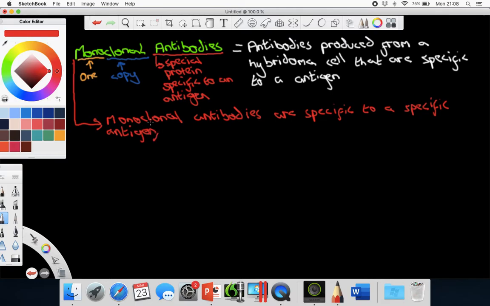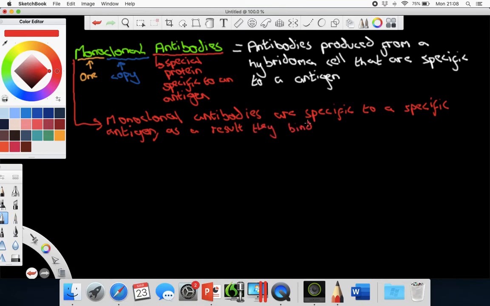What this means is that they only bind to a single type of cell. They don't tend to join to different types of cell. We can target cells to bind these monoclonal antibodies to. So we can put, as a result, they bind to specific cells.